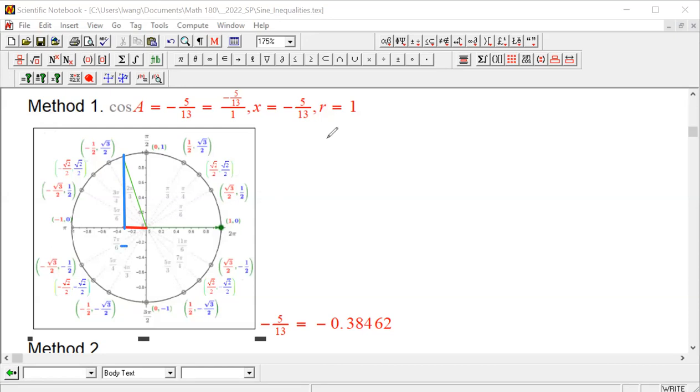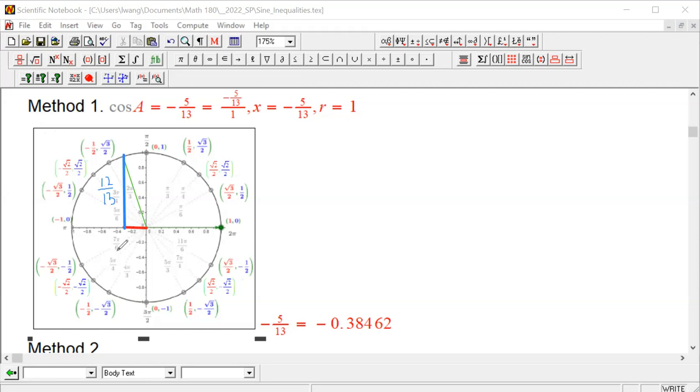So this red number, as I drew just on this unit circle, we are all familiar with. The blue, let me write down the blue. Give me the blue first, right? So let me just use the blue, 12 over 13. Okay, if I make a mistake, please tell me, okay? And I don't think so at this point.